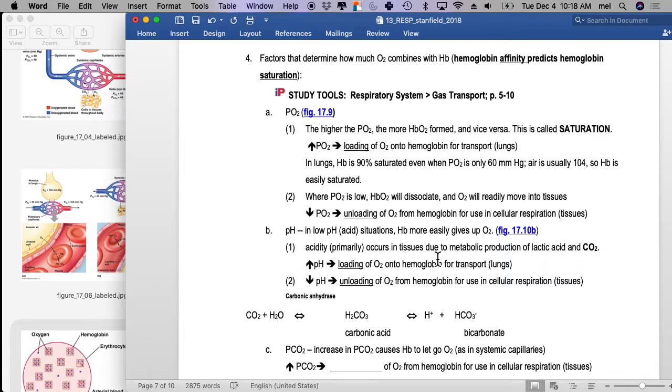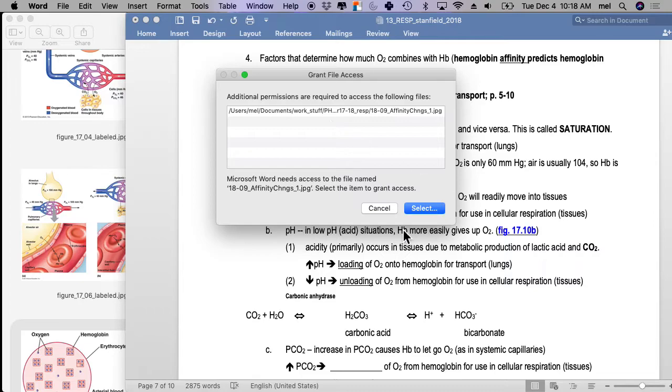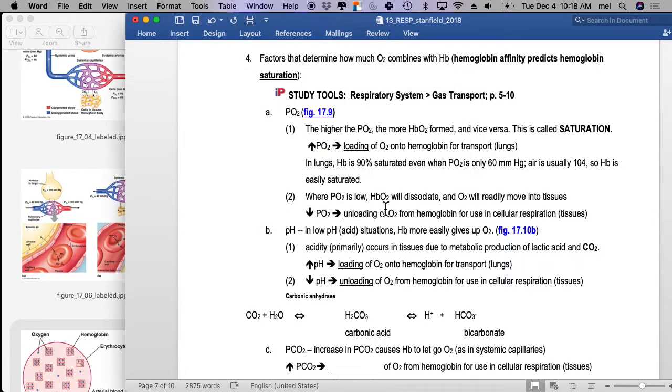Pulmonary. Everybody cool with that? So you predict for me before we look at it in your notes: a high PO2 would cause, you choose, loading or unloading. What's your prediction? Yeah, that's what I would predict too, and that's actually what's true. And that is true at which capillary bed again? Pulmonary or systemic? Pulmonary.